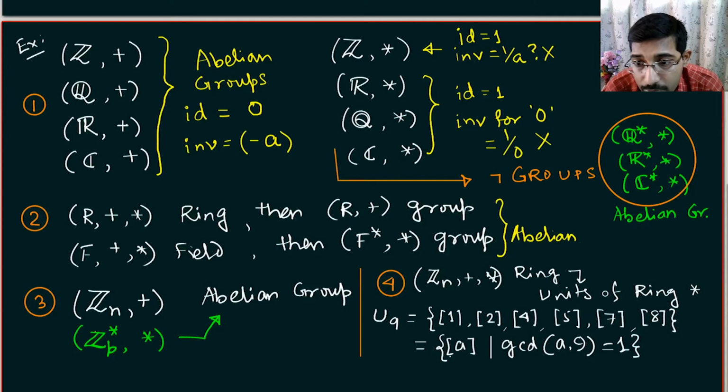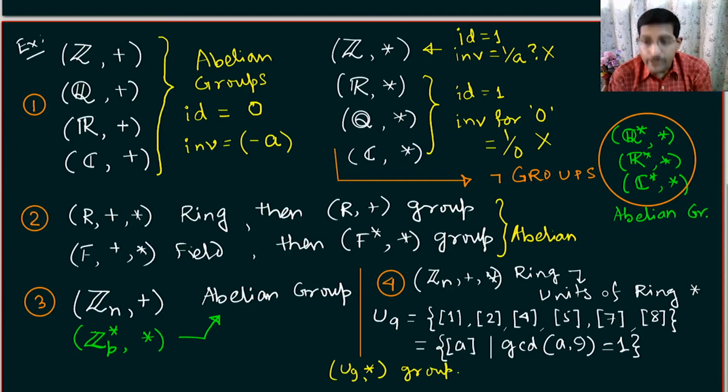This is the unit, because for those elements A inverse exists as per the definition of units. So U9 with star will form a group, in fact an abelian group.